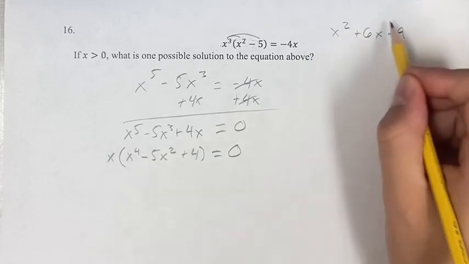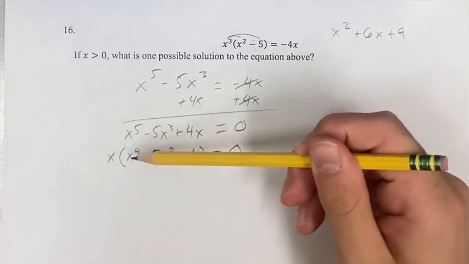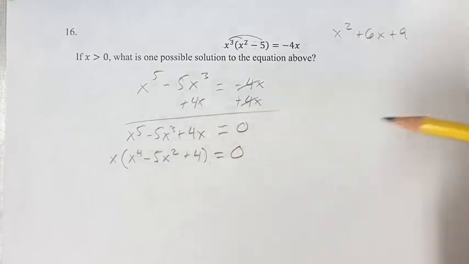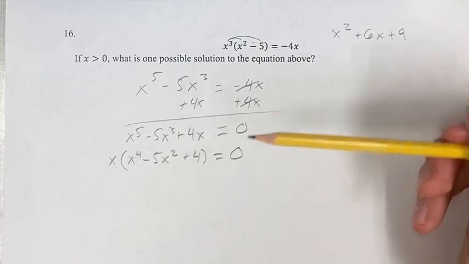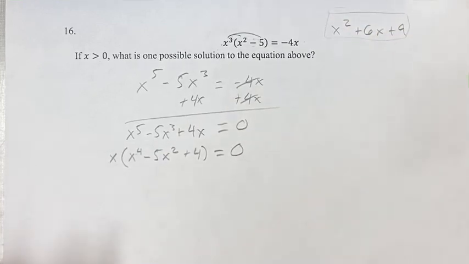You'd have a quadratic and you'd be able to factor it. Here we have x to the 4th. So when you have that, what you should immediately look for is, can you change the variable to get to a quadratic? If you've never seen this before, it's not going to be obvious, but I'll show you what I mean.